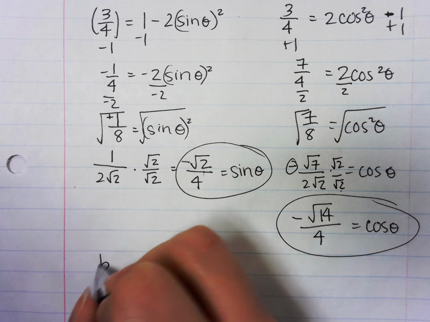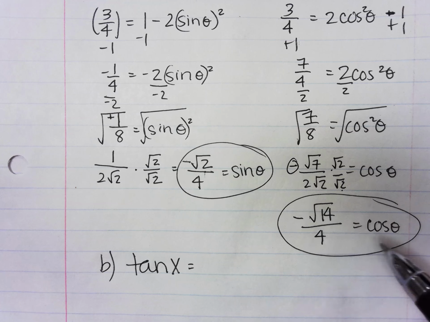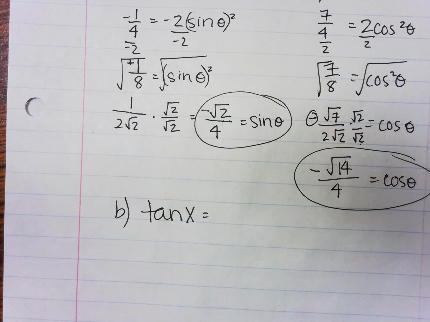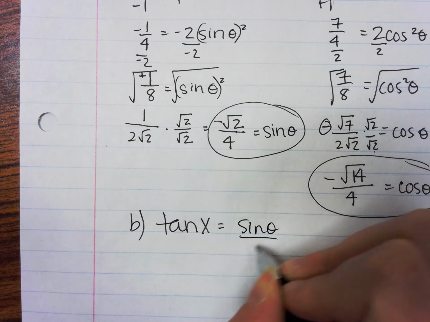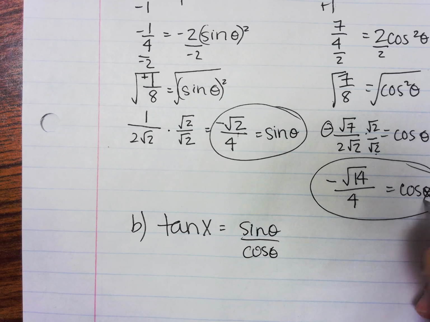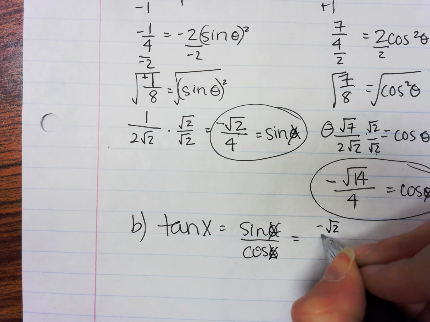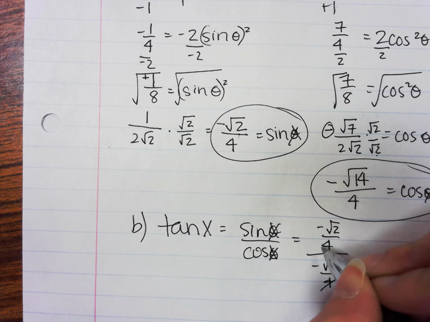Okay, our tangent of x, we can find that now that we know these things, and we can actually draw these as a reference, but we don't really need to do that right now. Since we know sine of theta and cosine of theta, this is negative 2 root 4 over negative 14 over 4. The 4's cancel out.